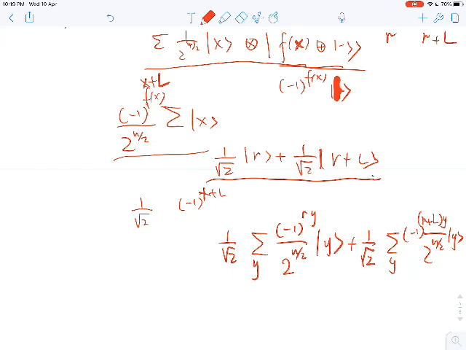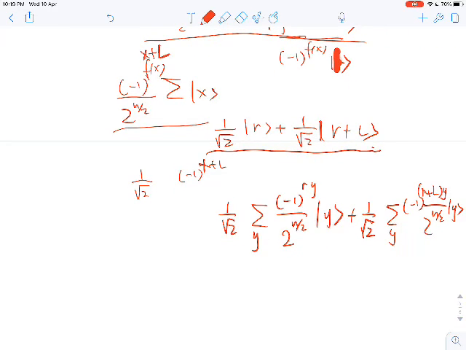It's just the use of the equations of the Hadamard transform.